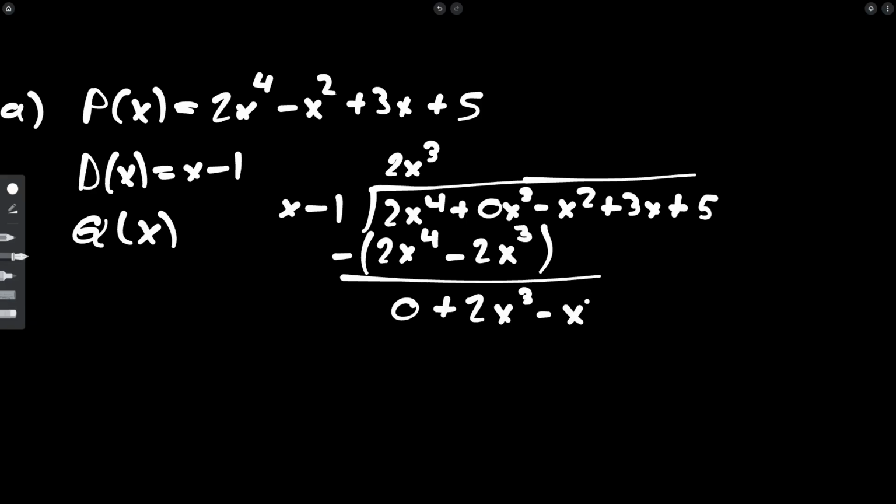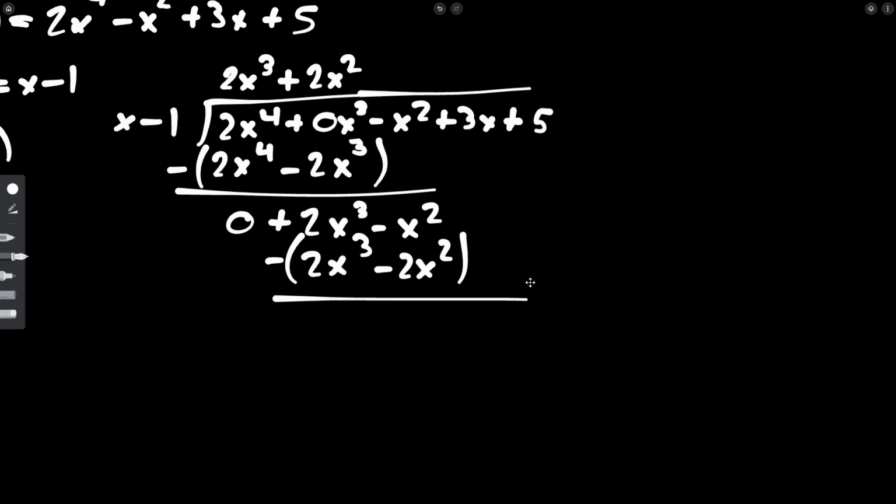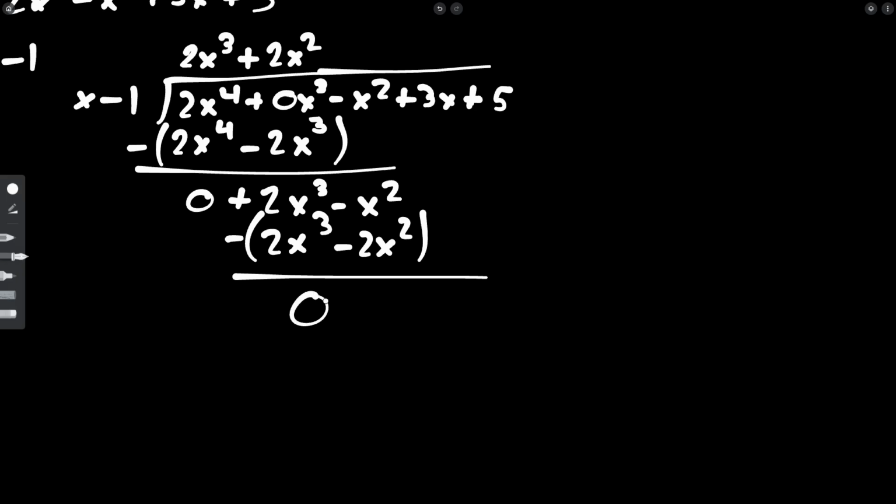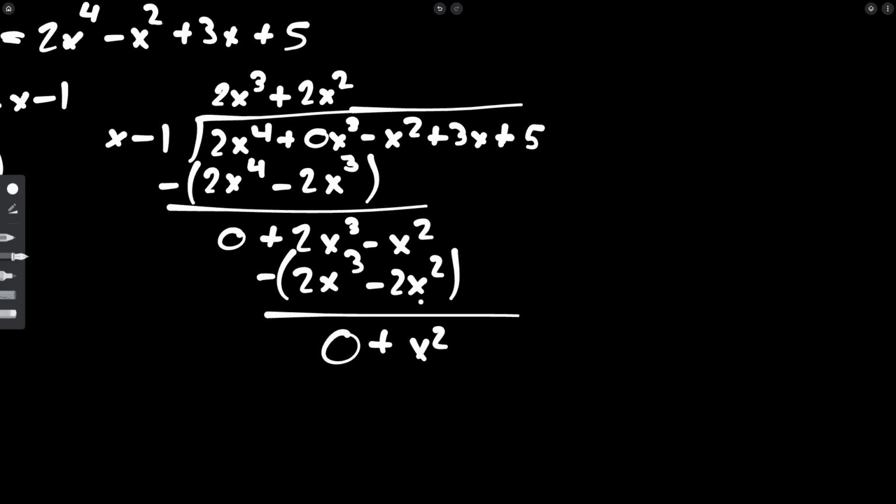We bring down this x squared term, and now we need to get this x to be 2x cubed. That would be plus 2x squared. That gives us 2x cubed minus 2x squared. Subtracting this gives us 0 plus x squared. X squared plus 2x squared is 3x squared.